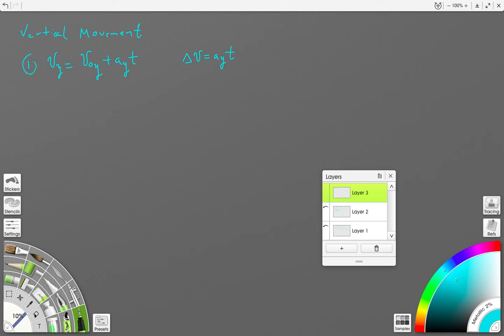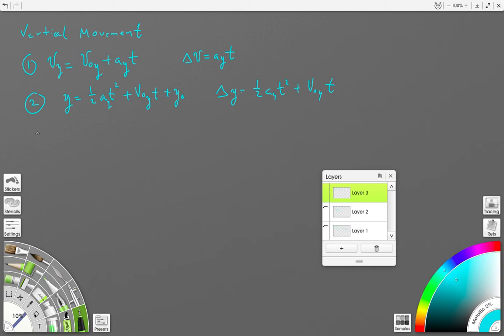Let's call this 1. Number 2, our famous position equation: y is equal to 1/2 ay t squared plus voy times t plus y0, or delta y equals 1/2 ay t squared plus voy t.